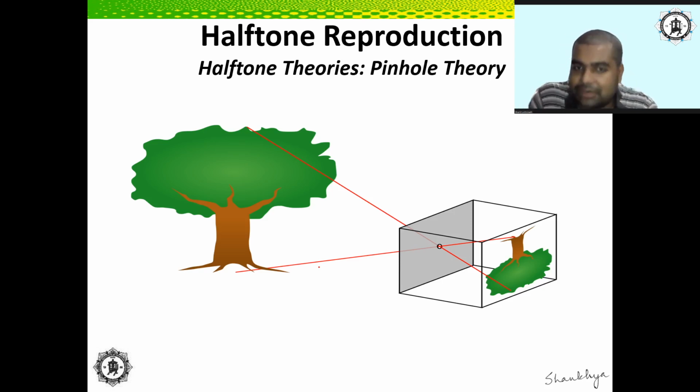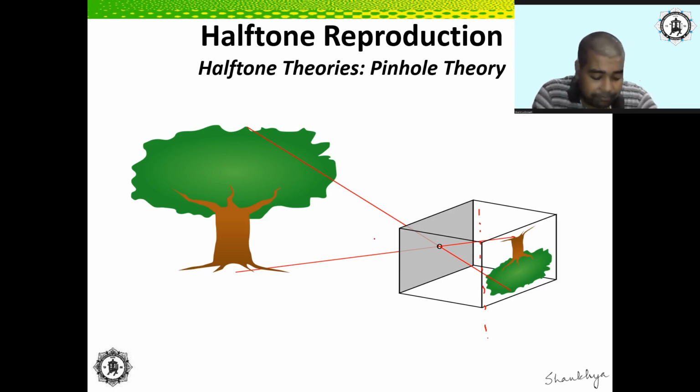Very good question. So in order to better understand the pinhole theory, we consider this in conjunction with halftone photography. We say that when we place a halftone screen in between the film and the lens aperture, then you get a halftone image. For example, the image that you're seeing in front of you now is basically a continuous tone image, right?